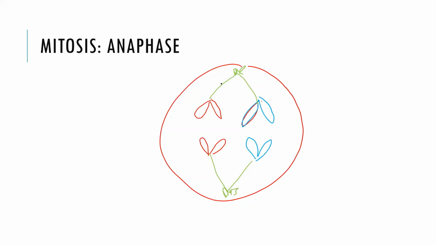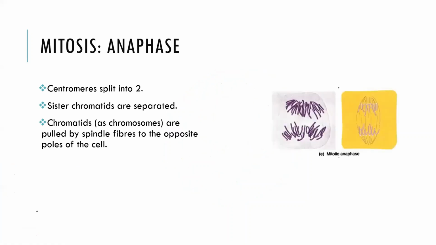So these fibers shorten, so they are pulled to the opposite sides, and the fibers which connected the two centrioles, they lengthen. Okay. So the sister chromatids move to the opposite sides. So here you can see the centromeres are divided and the sister chromosomes move to the opposite sides.